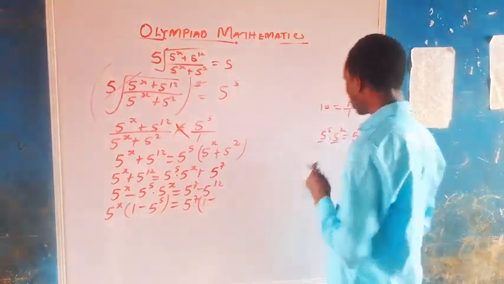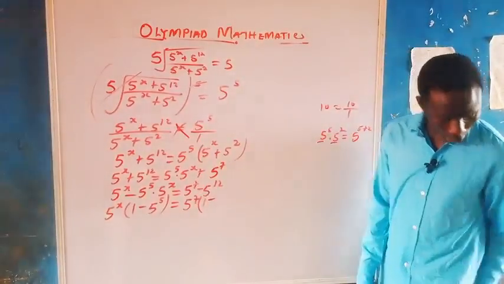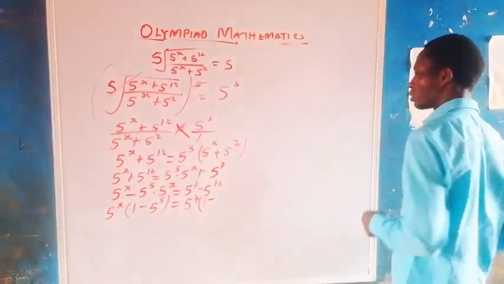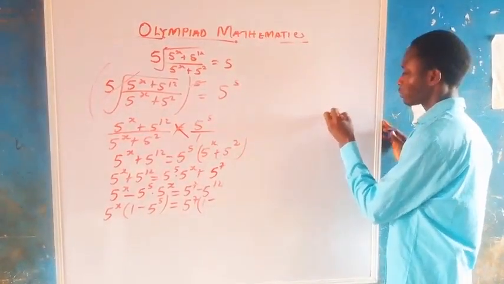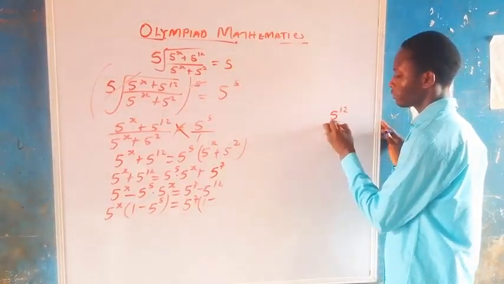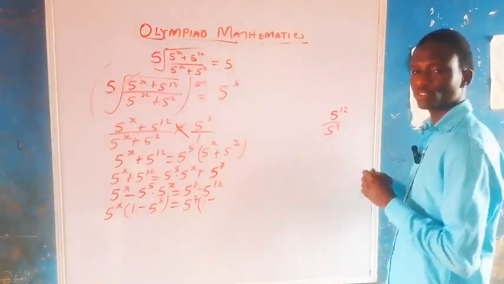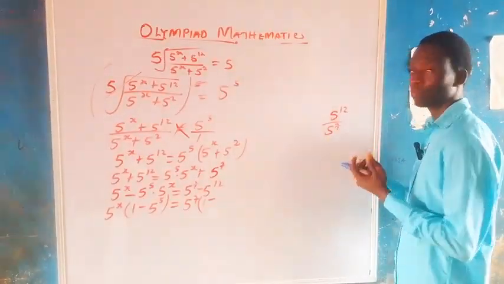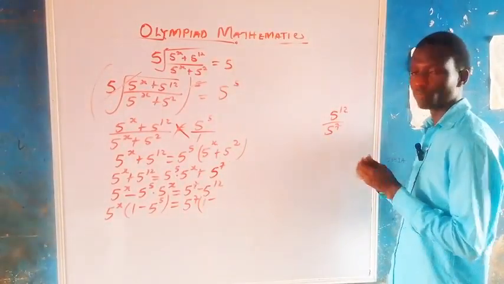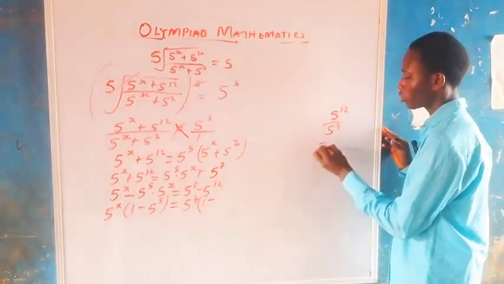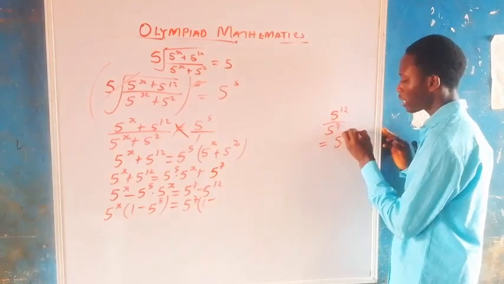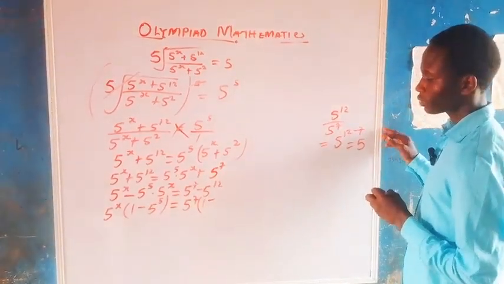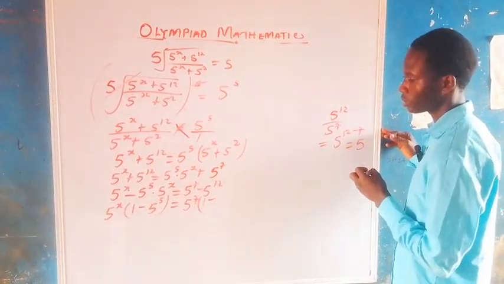And then according to the law of indices, let me also show you another concept now. Look at what I want to write on the board. I'm giving 5 to the power of 12 divided by 5 to the power of 7. Don't forget, in my previous video, I showed you that whenever the operation is division and the base is the same, that means I can subtract the powers. So this is equal to 5 to the power of 12 minus 7, which is equal to 5 to the power of what?